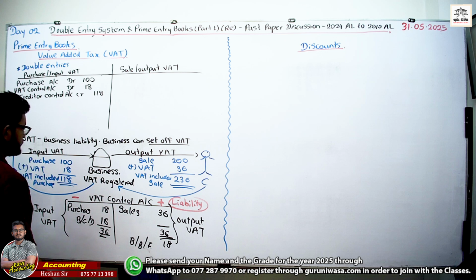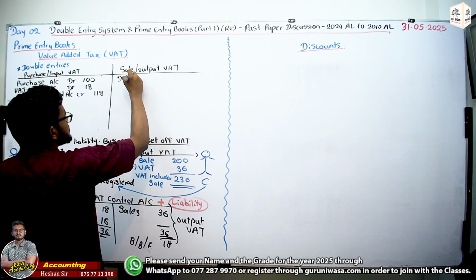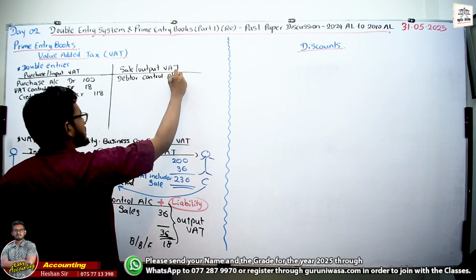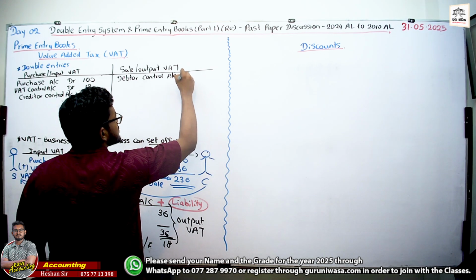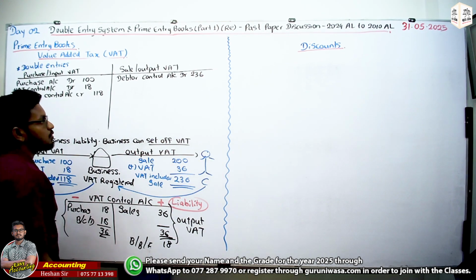When we sell goods, debtor control account, the control account and the subsidiary ledger are separate. Debit 236. The debtor needs to pay the full amount.